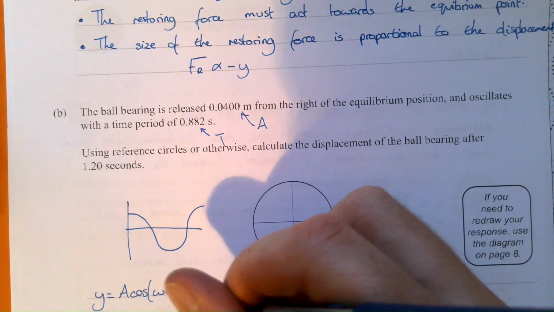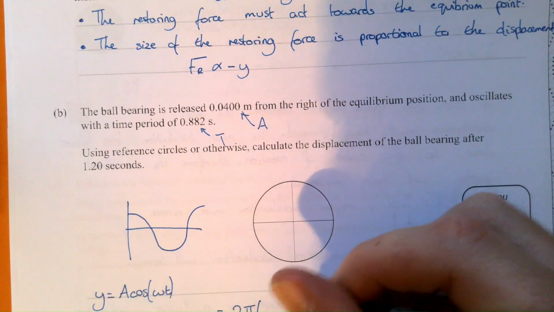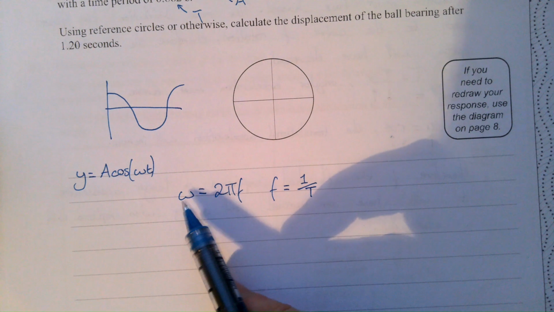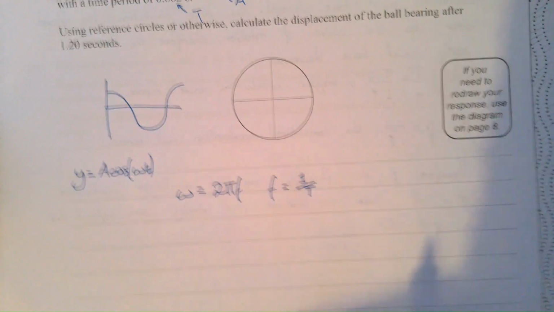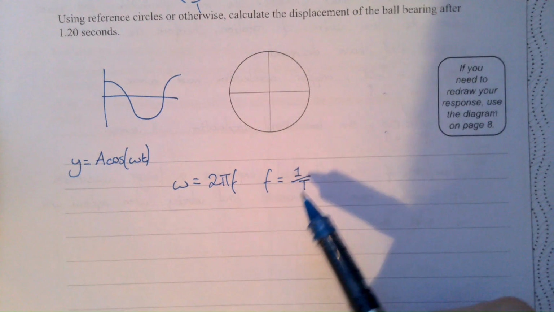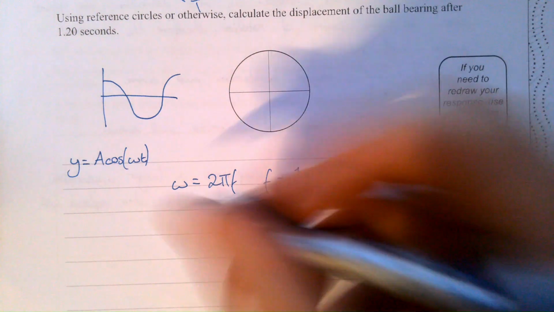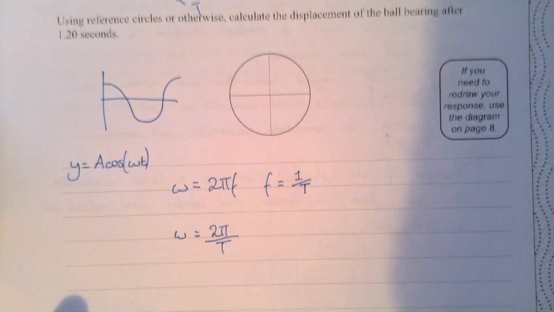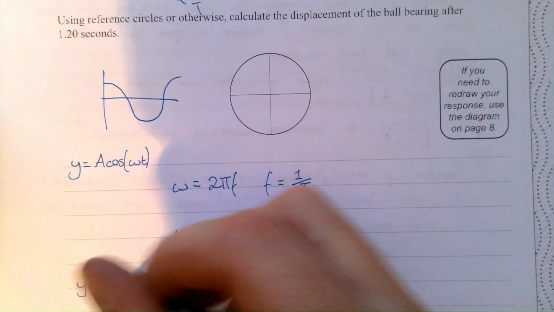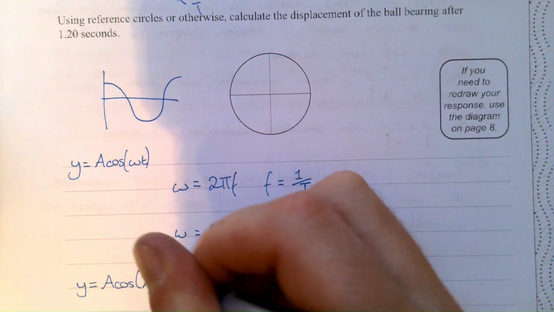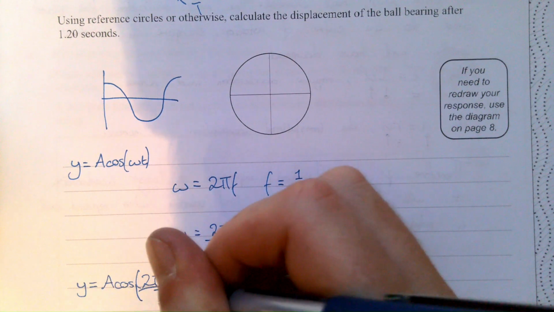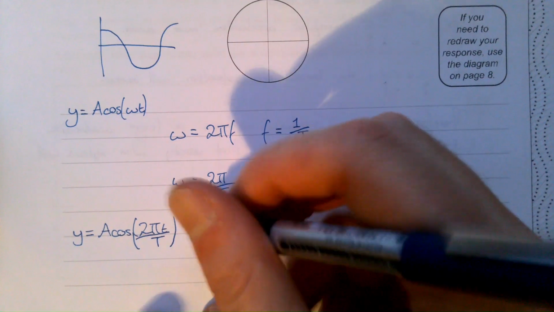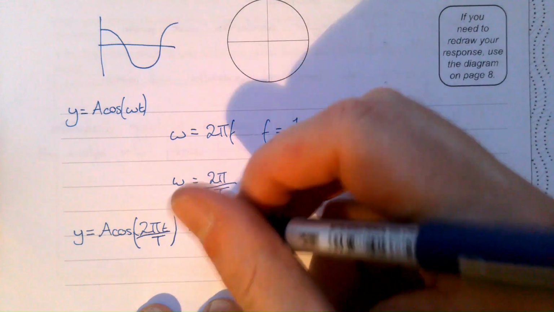But remember that omega is equal to 2 pi f, where f itself is equal to 1 divided by T. So we can work out the frequency from our time period, or just make the change that omega is 2 pi over T. Then we're going to substitute our values in to this equation: 2 pi t over capital T, remembering that little t is the time that has elapsed and big T is our time period.